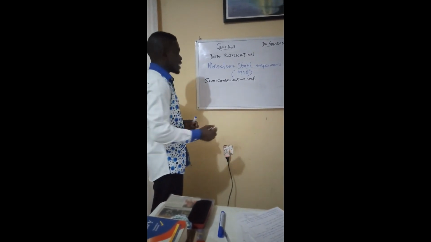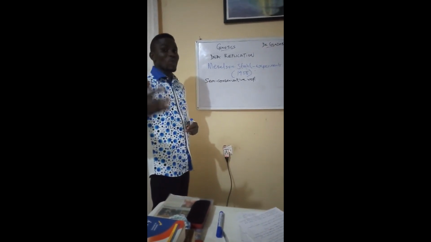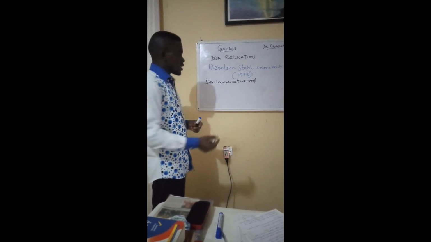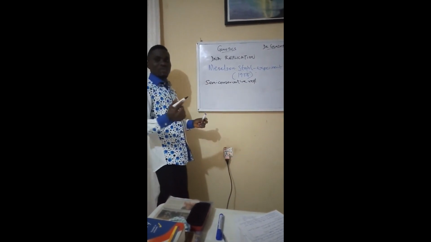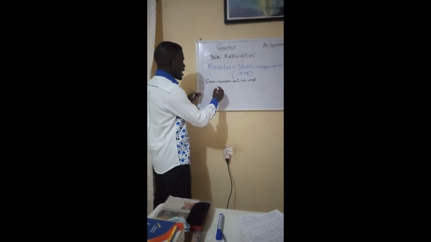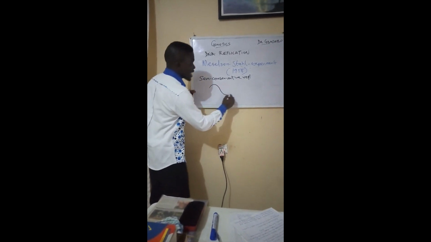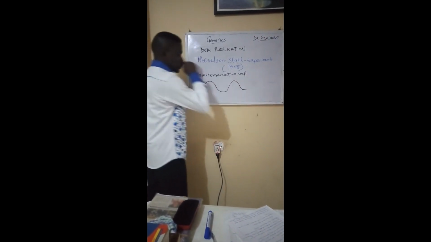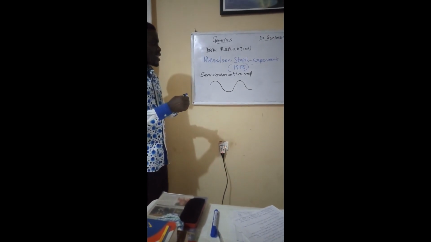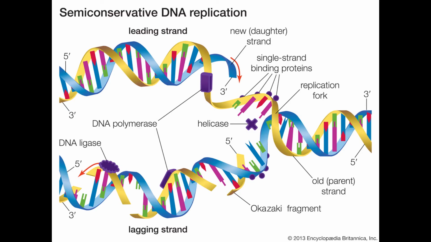They were trying to explain the Watson and Crick model. They explained that the DNA is a double helix, as we know. They explained that the DNA is like a zipper, the zipper of your pant trousers.